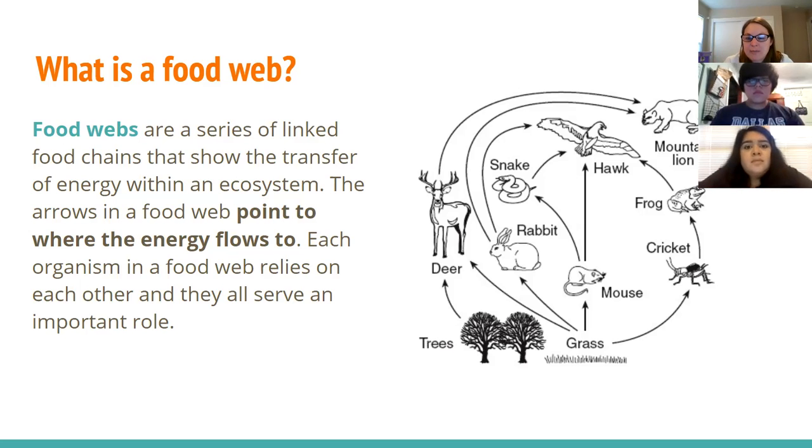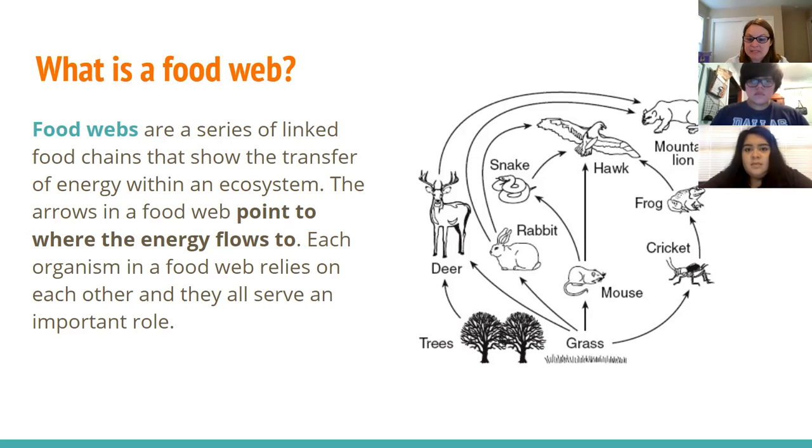So what do you guys notice about the arrows in the food web? Can you tell which way the arrows are pointing or what the arrows mean? Any ideas? The arrows are going up. Yeah, you've got arrows going up, but what about the animals that they're pointing to? The arrows are actually pointing to where the energy is flowing through the food web.